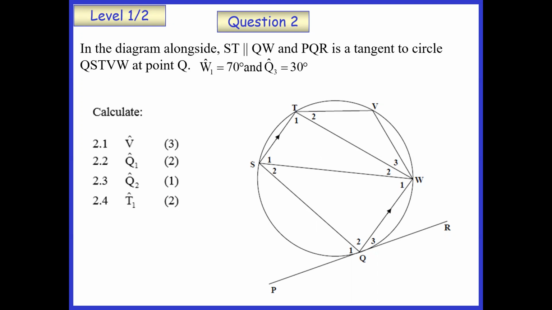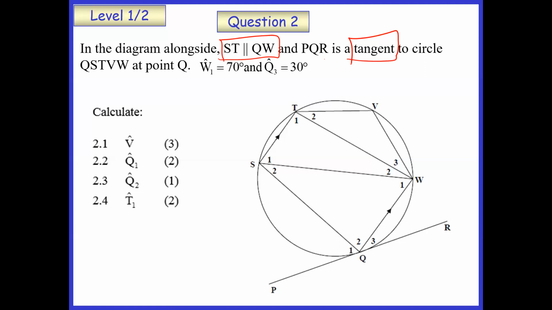All right, I hope you read the question. So the first thing I'm seeing is ST is parallel to. As soon as I see parallel lines, racing to my brain is alternate angles, corresponding angles, co-interior angles. Then I see a keyword, PQR, tangent, so tan chord theorem.